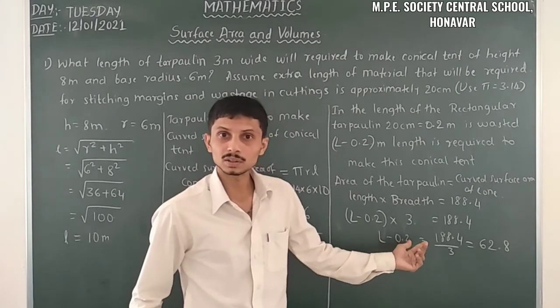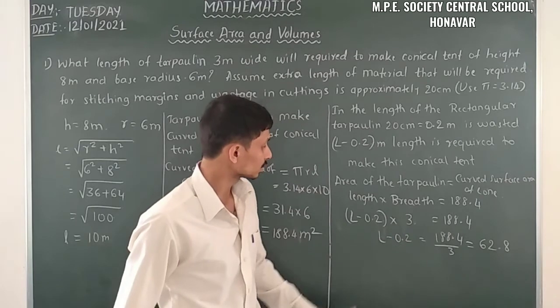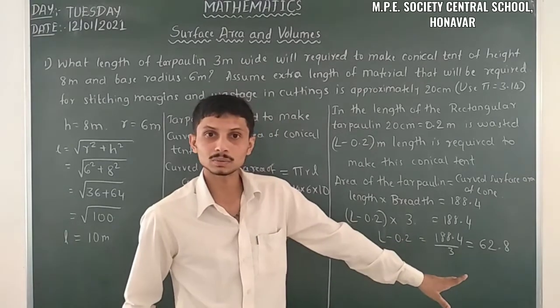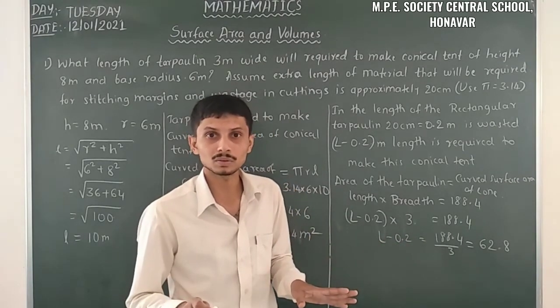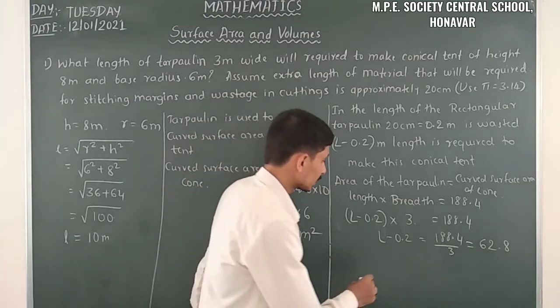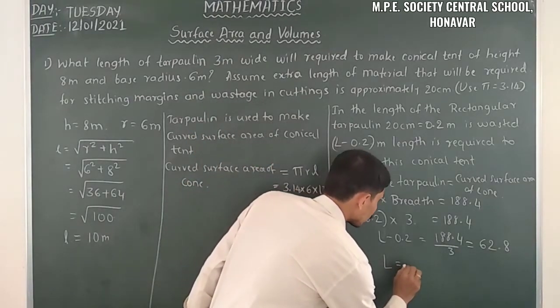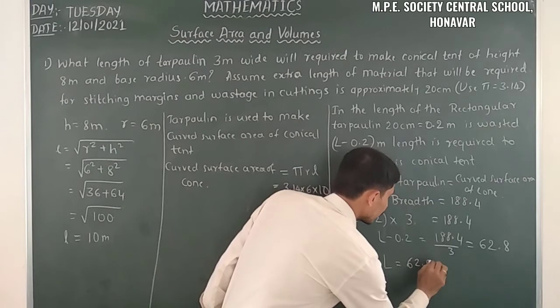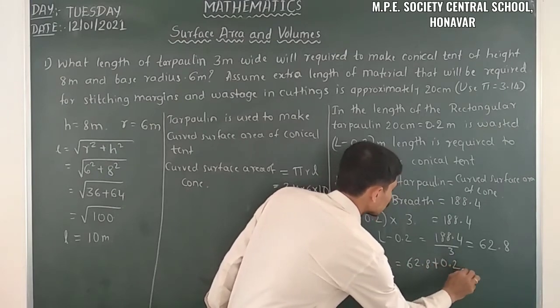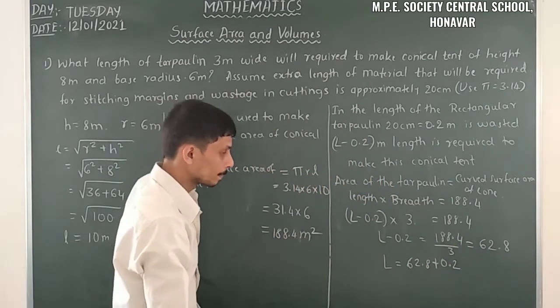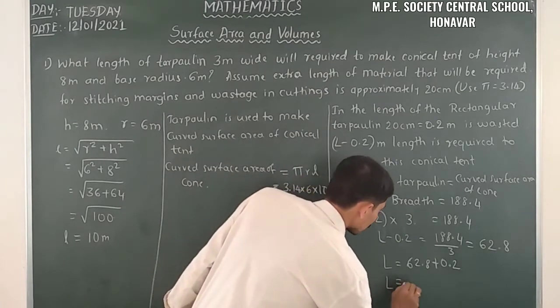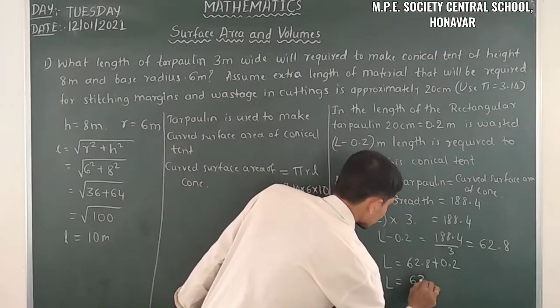Here we have to add this 0.2, because we have to find the complete tarpaulin. L is equal to 62.8 plus 0.2, so L is equal to 63 meter.